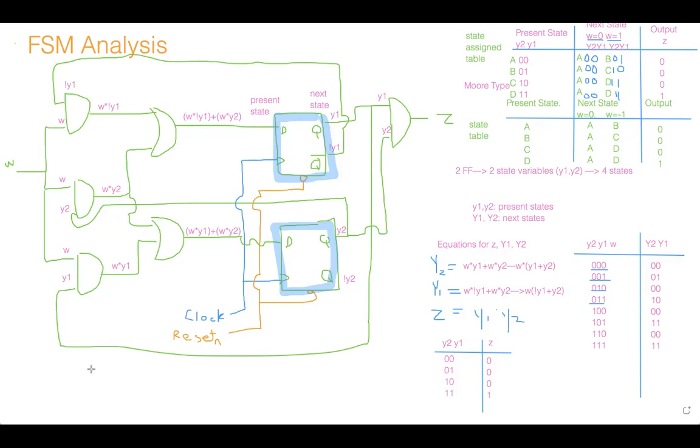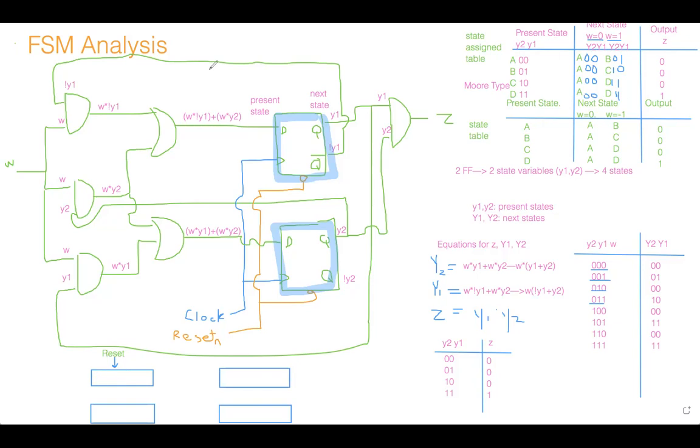And so if we remember state A, and then I'm going to have state B, and then state C, and then state D. So I'm going to have my 4 states here. And then I'm going to start with reset. And for reset, to make sure, look here, when you're 0, 0, that's going to cause this one to clear and this one to clear as well. So the output is cleared. So reset starts with state A, where Z is 0.